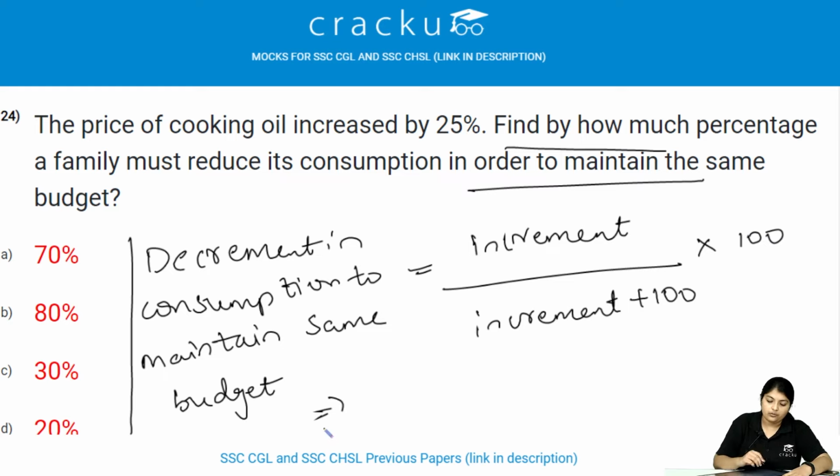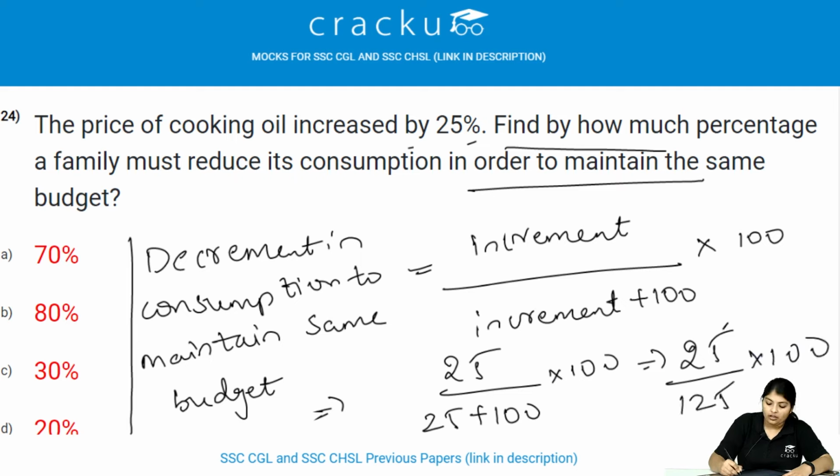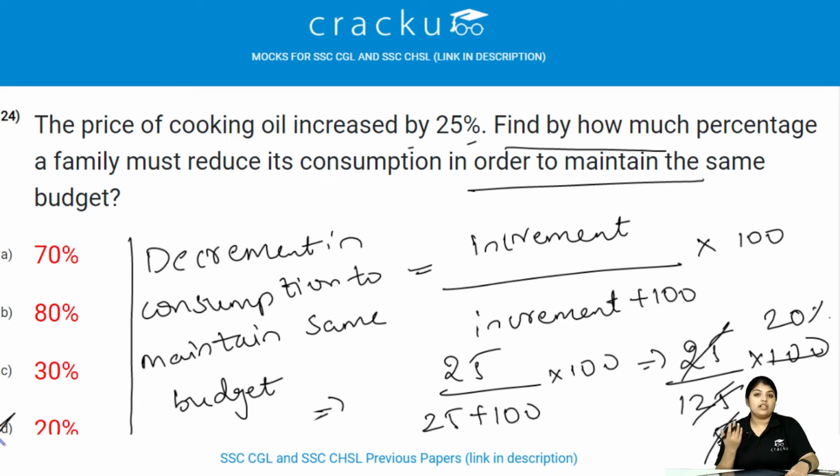So using this formula, increment is 25. So 25 by 25 plus 100 into 100. That is 25 by 125 into 100. 25 ones, 25 fives, 5 ones, 5 20s. Therefore, by 20% a family must reduce its consumption in order to maintain the same budget.